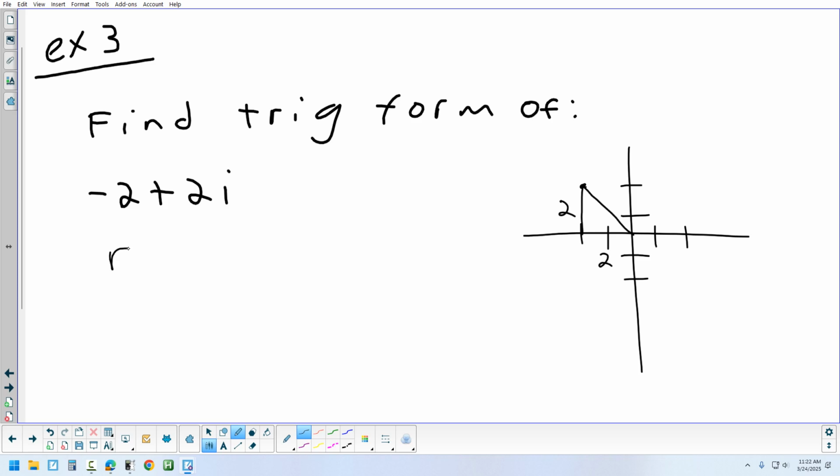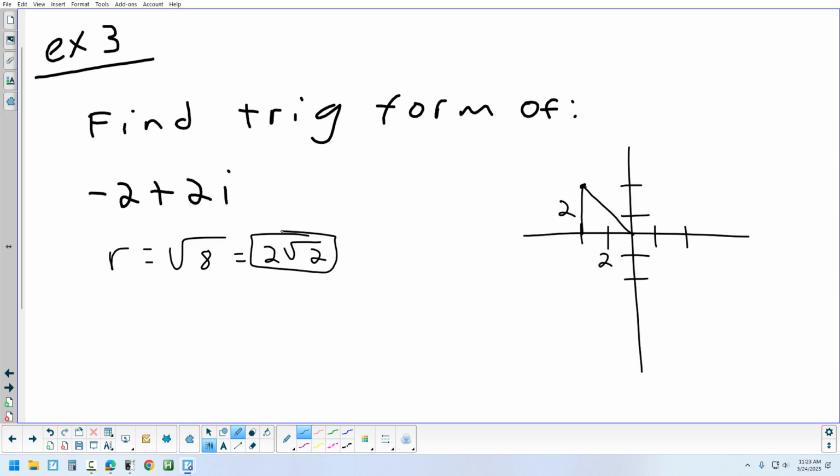So that means my radius is going to be the square root of 2 squared plus 2 squared, which is 8. So the radius is the square root of 8. And then, because that's a number we can reduce, what's the square root of 8? 2 square root 2. Yep.